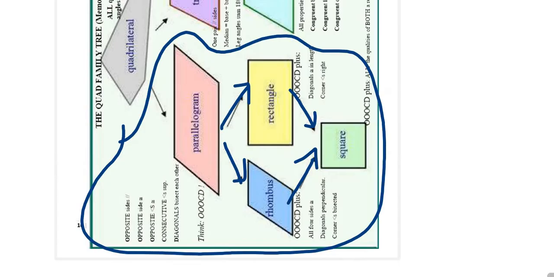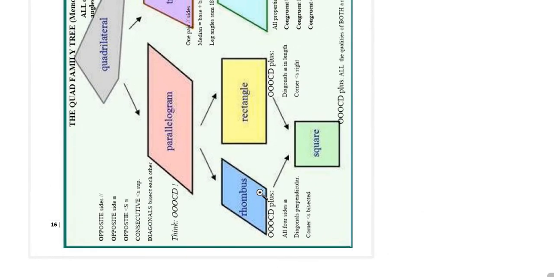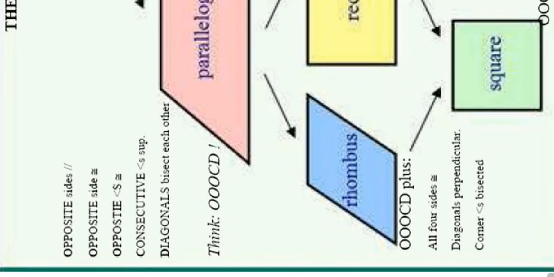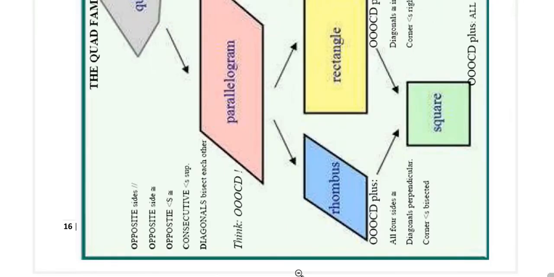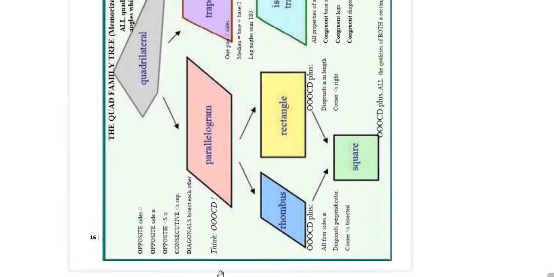So take a moment, go ahead, pause the video, and just verbally recite what these qualities are. You need to know these qualities. Just take a moment, see if you can memorize them. You're going to be tested on these next class. Heads up, you're going to be tested.